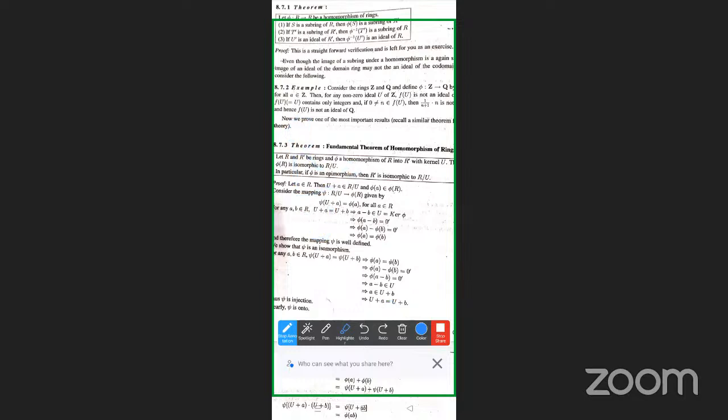Every element in the factor ring is in the form of cosets: A plus U, B plus U. So every element in the factor ring is of the form A plus U, B plus U, where U is an ideal and R is a ring.